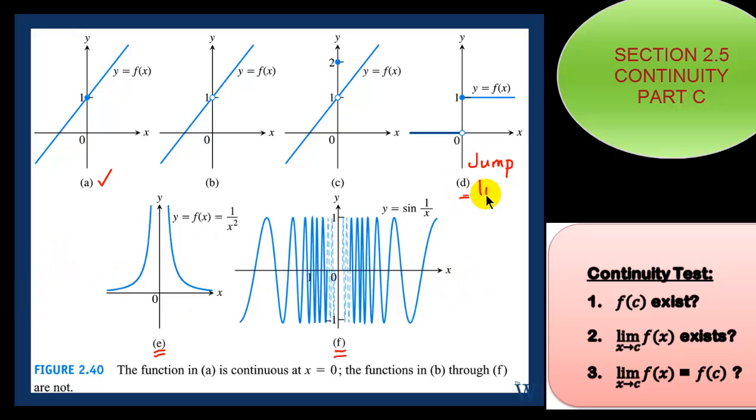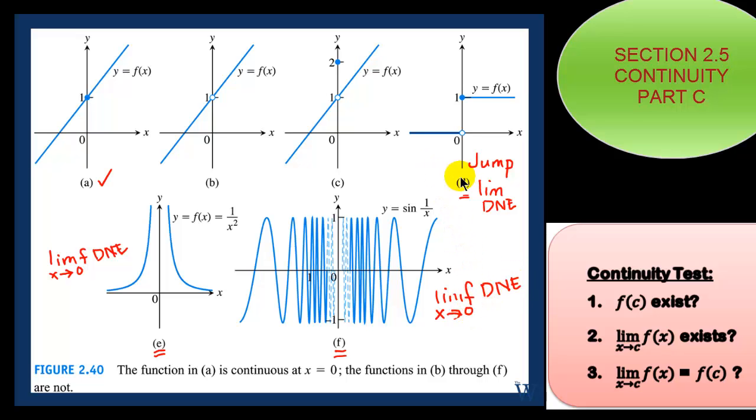The limit as x approaches 0 of f does not exist. Again, here it does not exist. Same thing here. The limit of f as x approaches 0 does not exist.